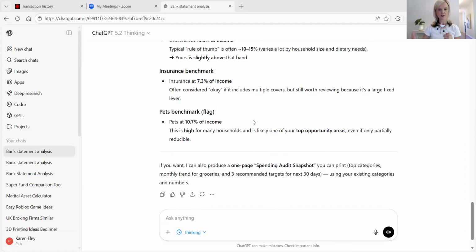But going through this, as you can see, hopefully by giving you this demonstration, you can see that there is some really great data and information that you can get from your actual spending. And I really do believe that our cash flow, and looking at what's coming in and what's going out of our bank account, really is our core financial foundation.